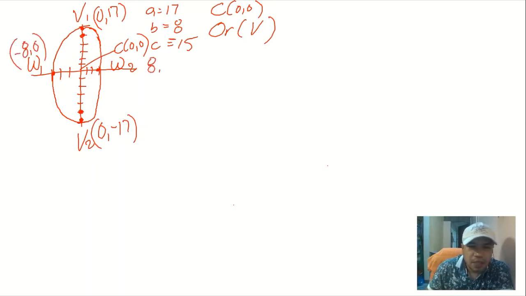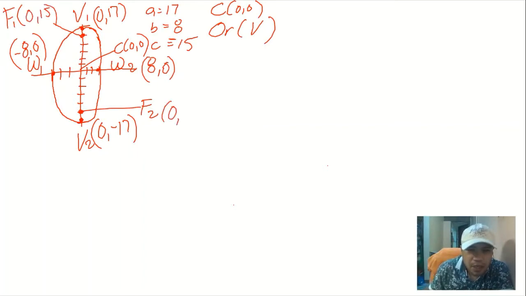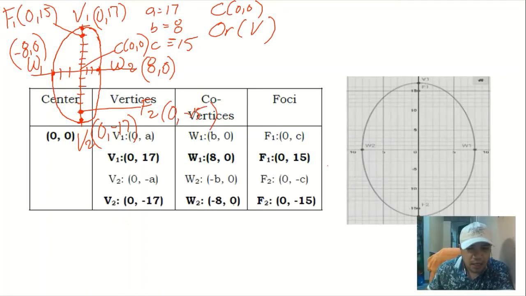And positive 8, comma 0. And our focus 2, and this is focus 1, F1. So this is 15. So 0, comma 15. And sa baba, 0, comma negative 15. So check natin. Yan. So 0, 0; 0, 17; 0, negative 17; 8, 0; negative 8, 0. Then 0, 15; 0, negative 15. And ito nga yung pinaka-graph natin.